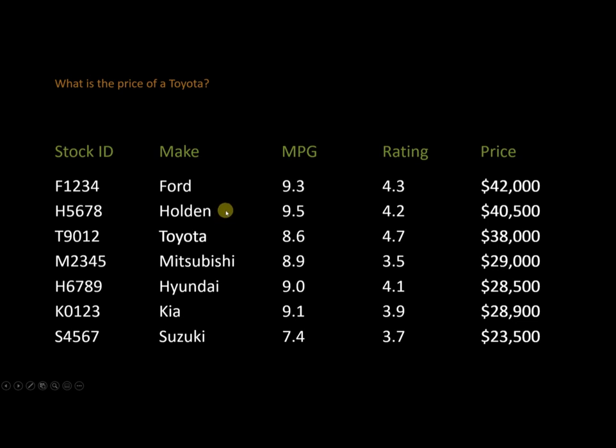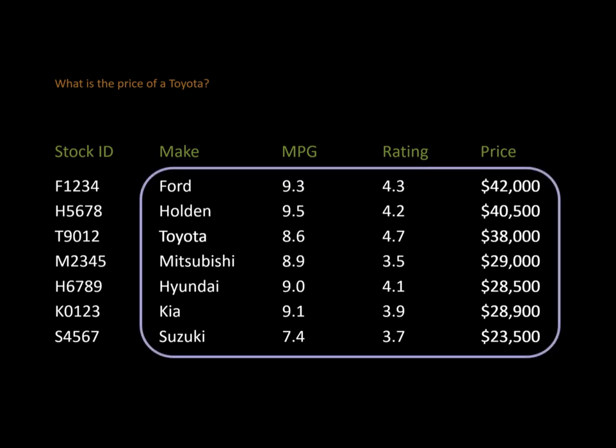So we know that in this area here, this is our table of data that we would be looking for. And notice I'm not looking in the stock items column because they mentioned Toyota, so it would be irrelevant to look down here because I wouldn't know which ID corresponds to Toyota. So my starting point would be in the make column, right?